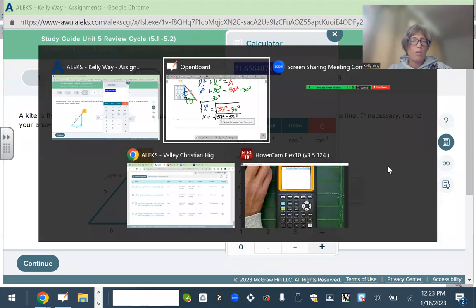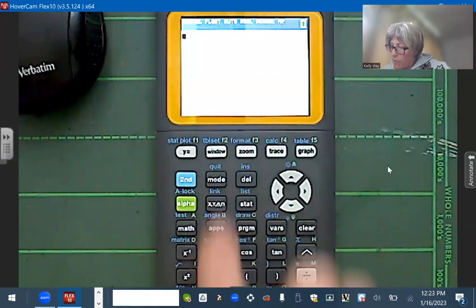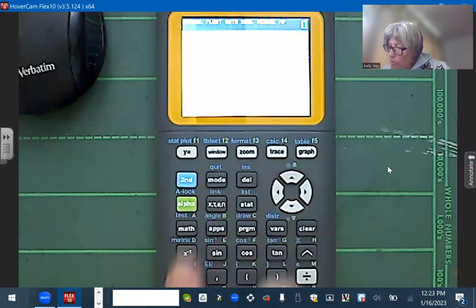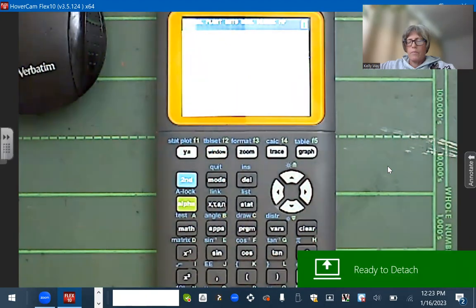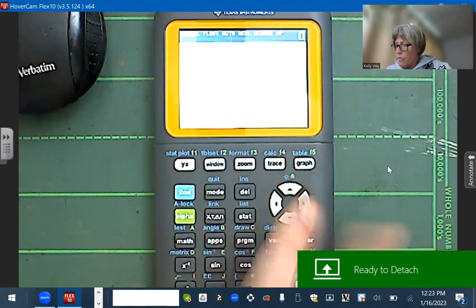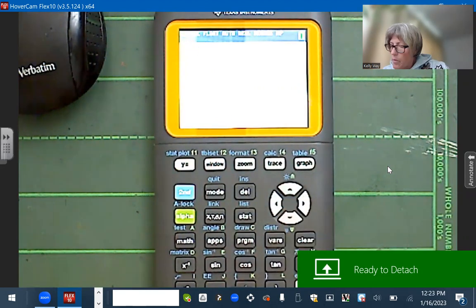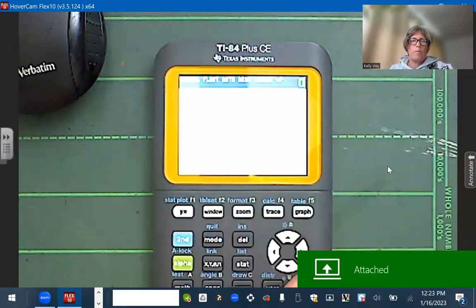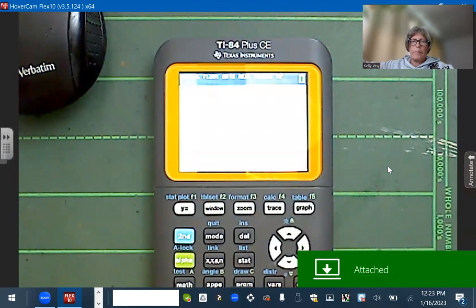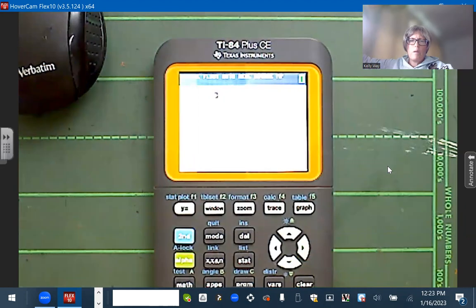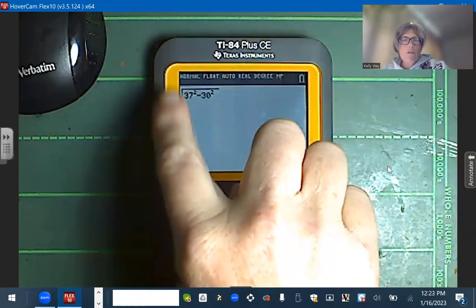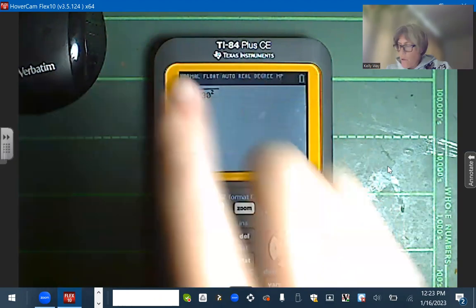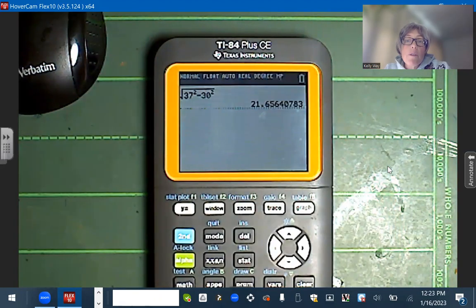On your TIs, it looks like this. You can do second function square root. 37 squared minus 30 squared, enter. Notice you're getting the same thing.